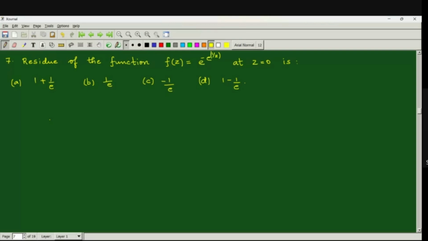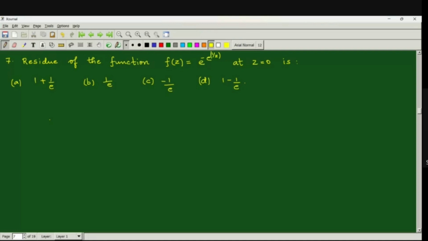Minus equal. Power 1 by z power. One by z. No, actually it is stuck.